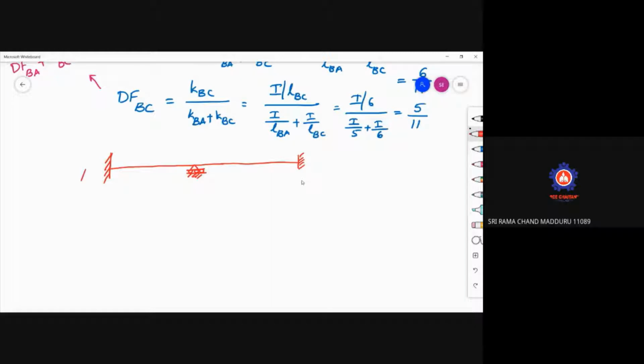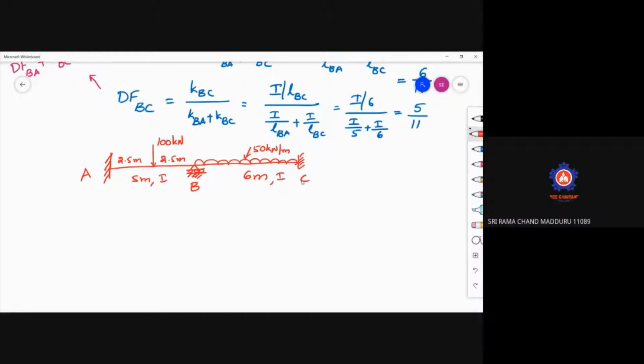So this is support A, B, C. This is loaded with 50 kilonewton per meter and the span is 6 meters. A point load which is acting at the center, which is 100 kilonewton, and this is 2.5 meters. This is 5 meters. Moment of inertia is I.